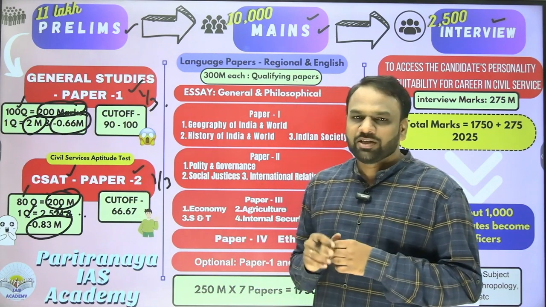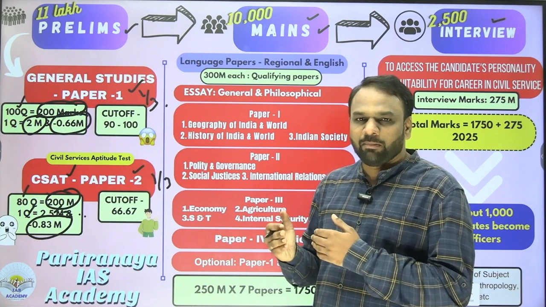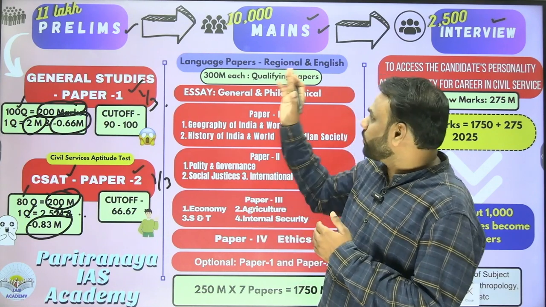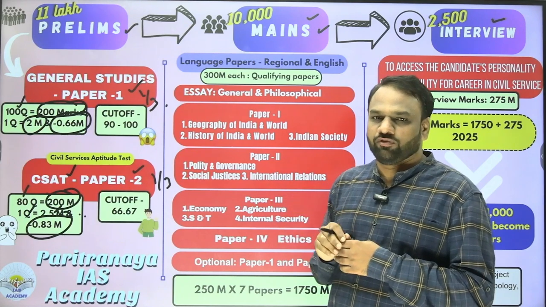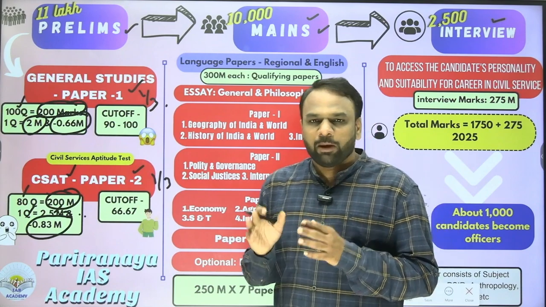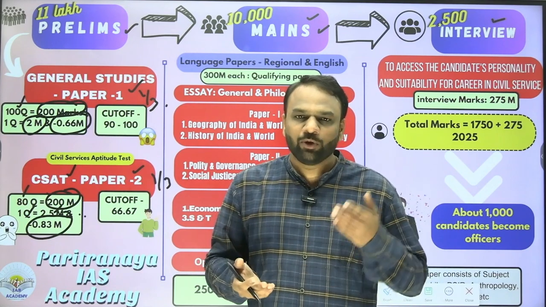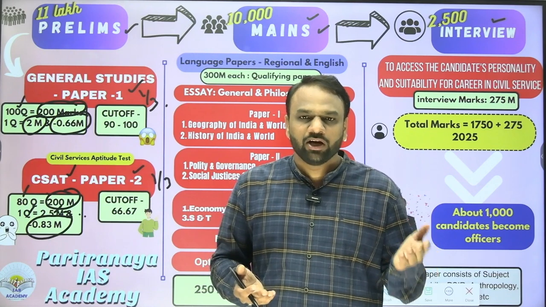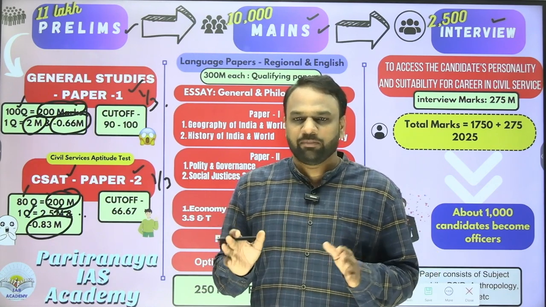Now when it comes to cutoff, what is cutoff? Aspirants who secure the minimum marks will go to the next stage, that is mains. That minimum required marks is called cutoff. This cutoff is different for paper 1 and paper 2. For paper 2, the cutoff remains the same irrespective of the year. Whether you appear in 2020, 2021, 22 or 23, every year the cutoff remains the same.